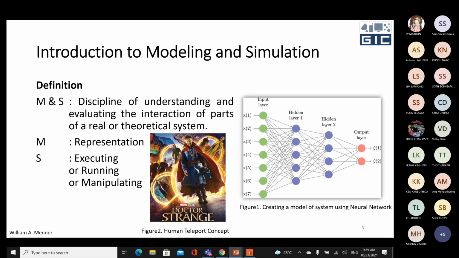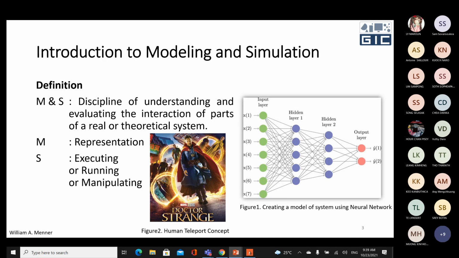To simulate your system to see the result, to show it to your customer, to understand the process of your system and the inputs and outputs of your system. So this is the definition of the modeling system. So our system can be like a real one.